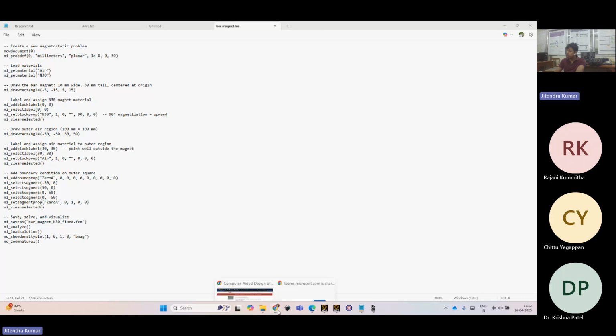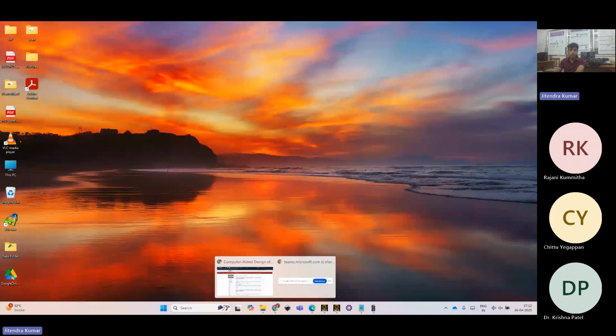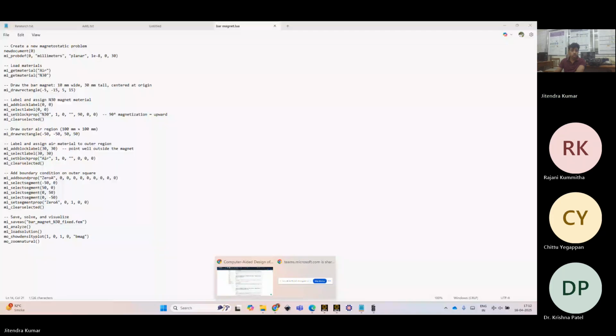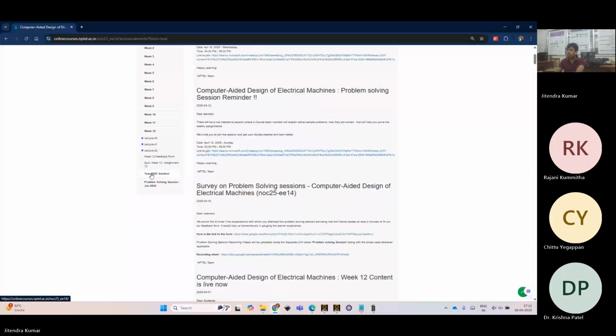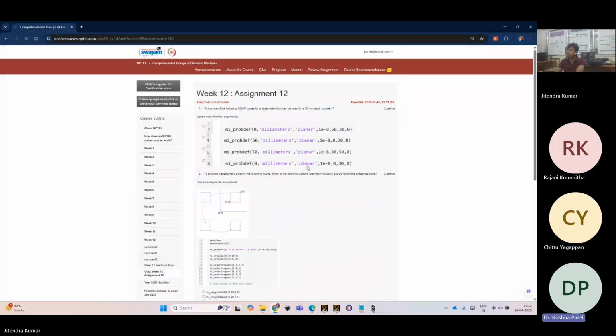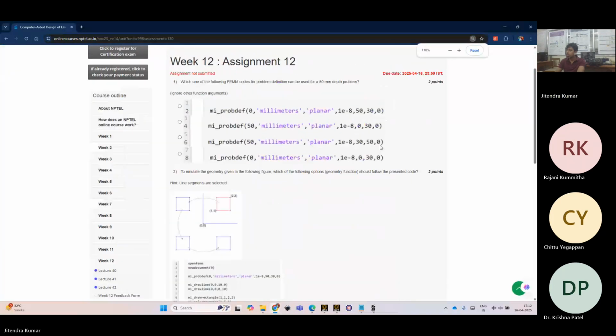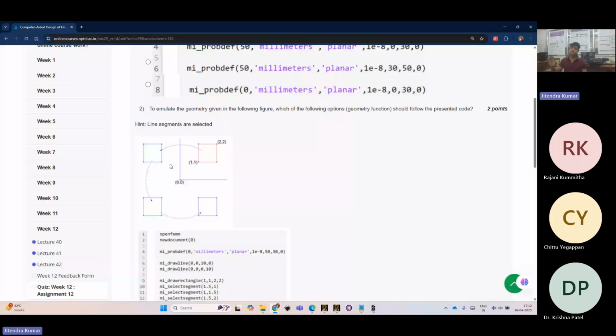Other questions are like, where is it? 12. Also, we drew a certain rectangle, right? We drew this bar during that session.